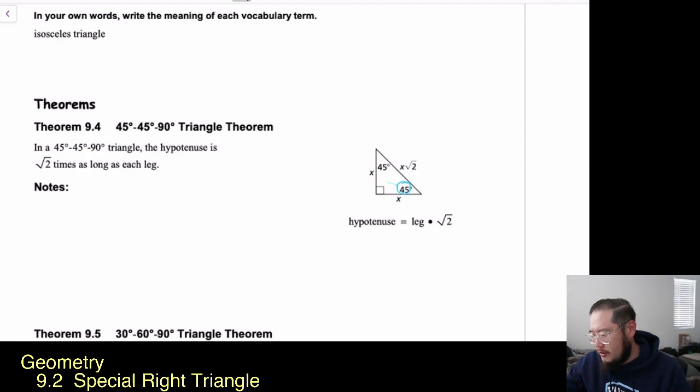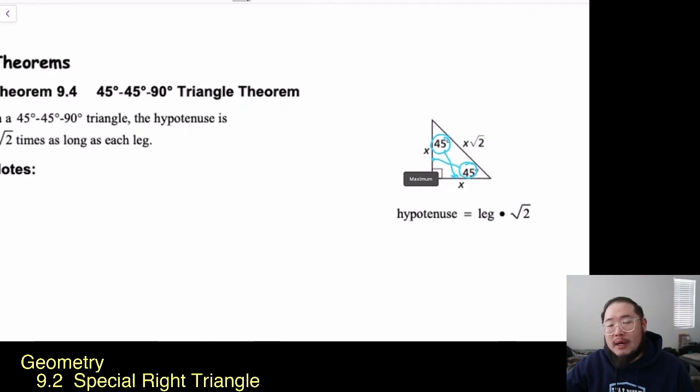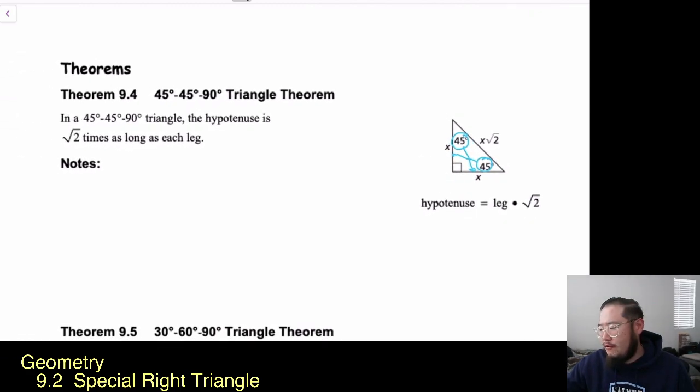Because remember, the size of the angle will dictate the length of the opposite side. So if both of those angles are the same, then the opposite sides will be congruent as well. Therefore, it's x and x.